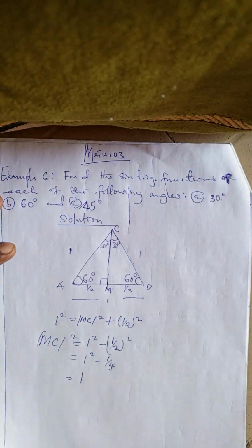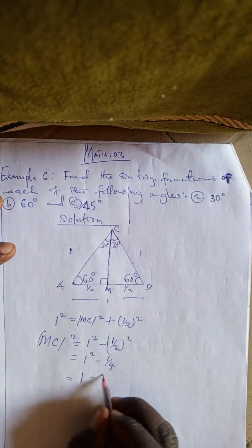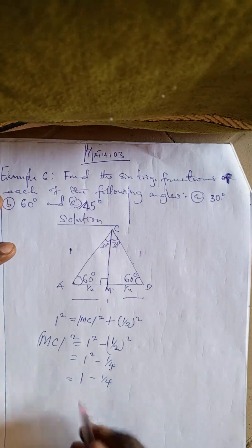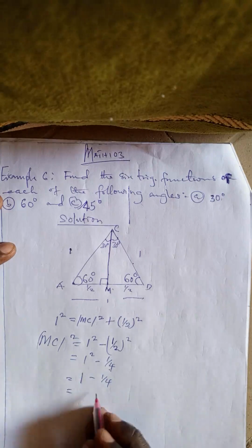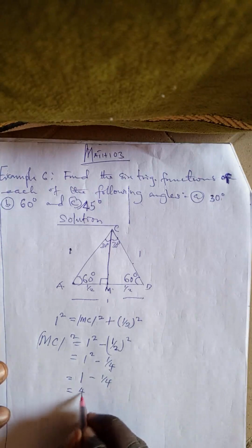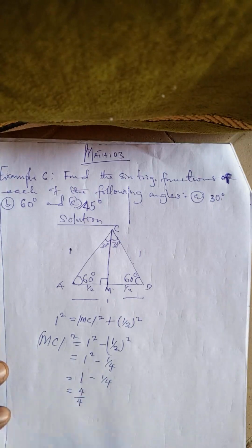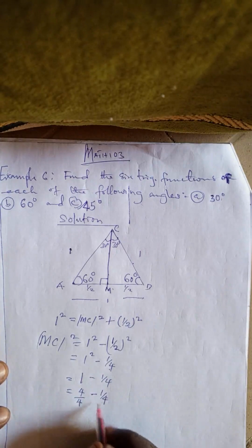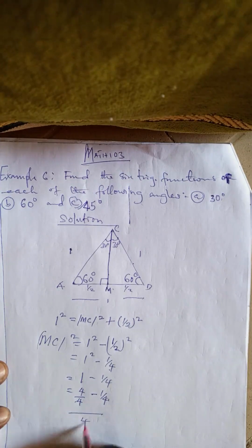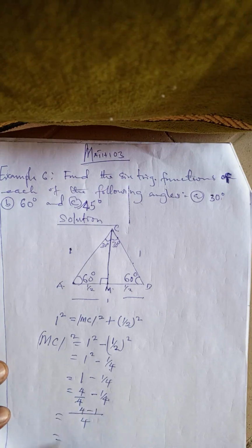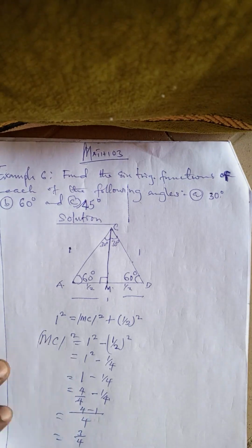But this is equal to 1 minus 1 over 4, because 1 squared is 1. 4 over 4 is the same thing as 1, minus 1 over 4. So with common denominator 4, we say 4 minus 1, and that is equal to 3 over 4. So MC squared is 3 over 4.